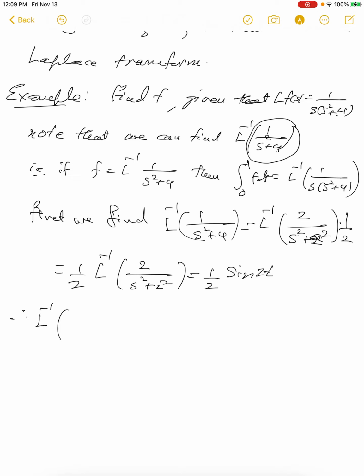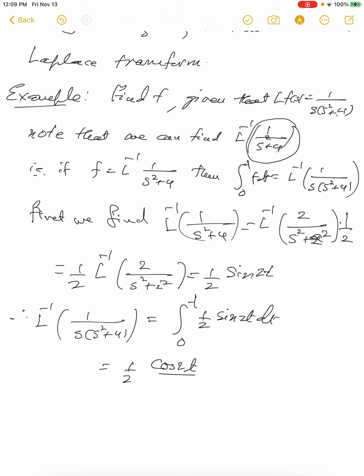And therefore, the inverse transform of 1 over s times s square plus 4 will be the integral from 0 to t of half sine 2t dt, which is half times the integral of sine 2t, which is cos 2t over minus 2, from 0 to t. And so the value of this I will write as 1 over 4.